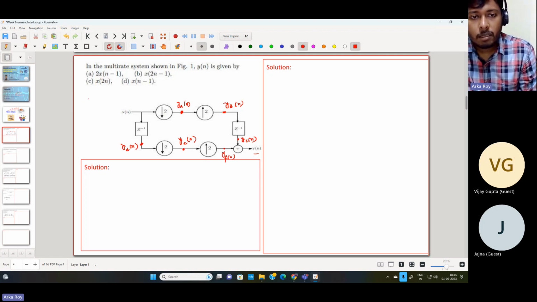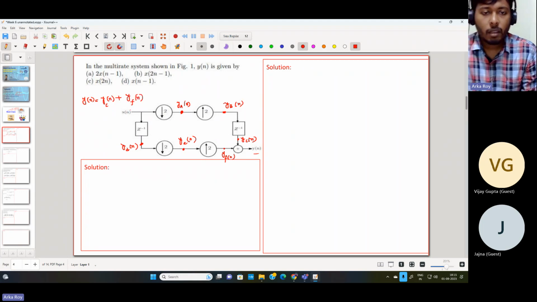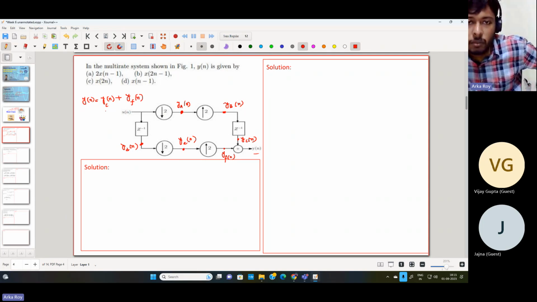By this diagram itself, we can readily say that y[n] is equal to yc[n] plus yf[n]. So we need to evaluate yc[n] and yf[n] respectively.